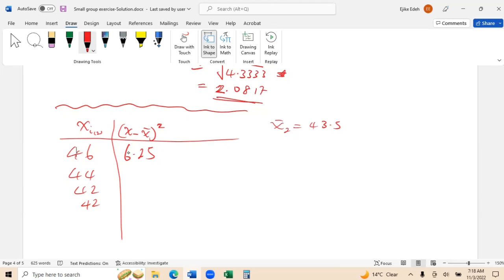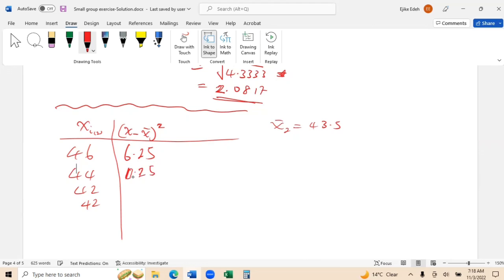Raise that to the power of 2, we get 0.25.